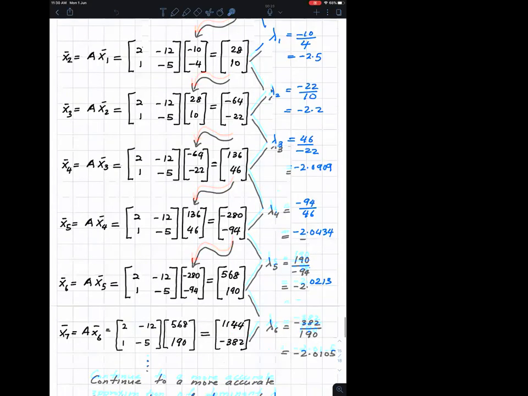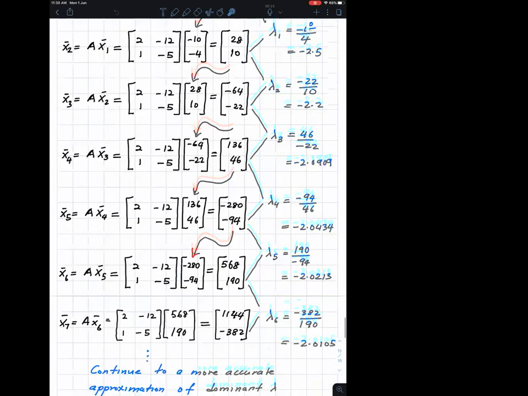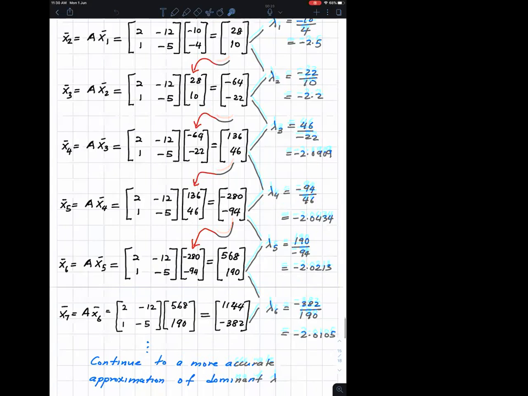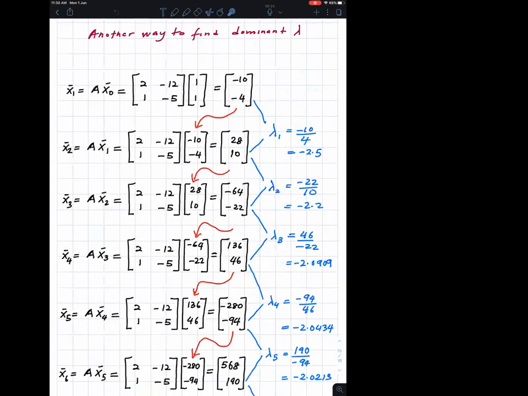I'm doing here until the 7th iteration. After you're done with the 7th iteration, you do the iterations of the lambda.